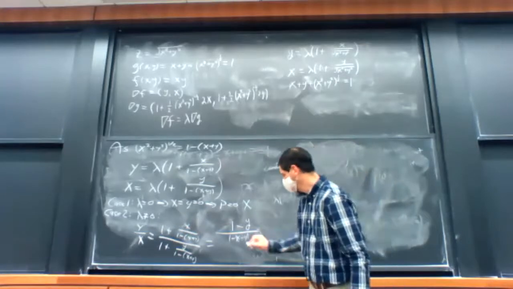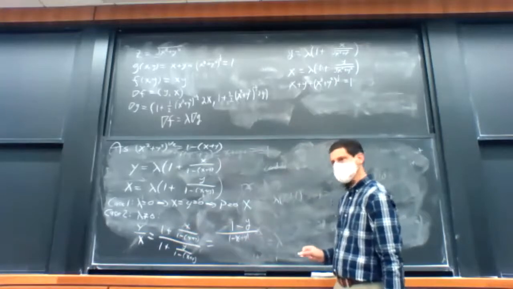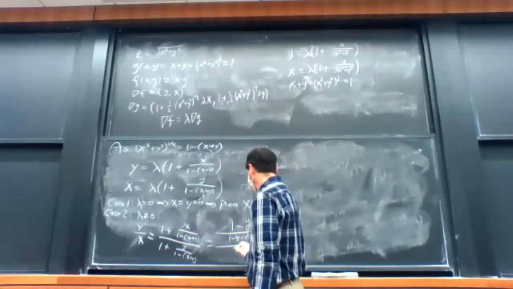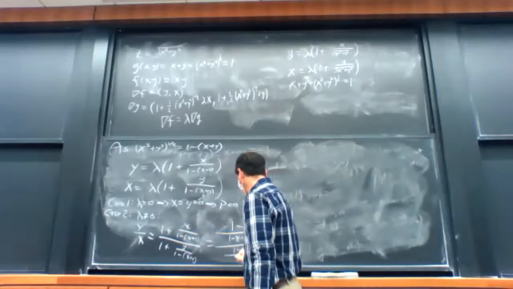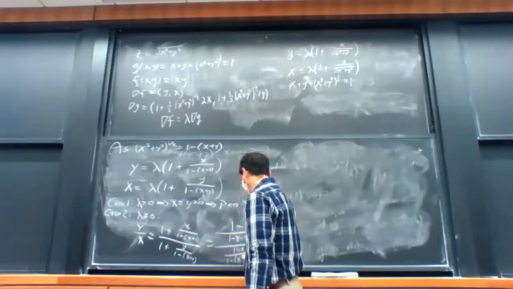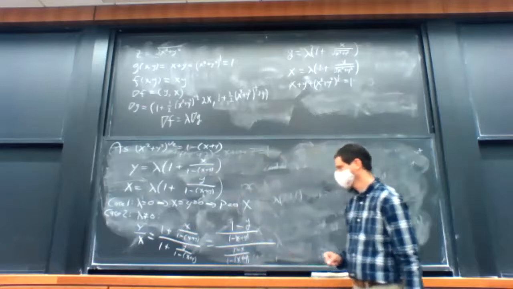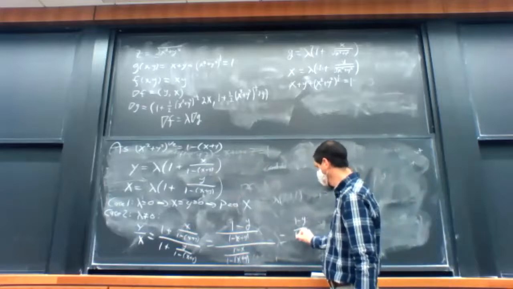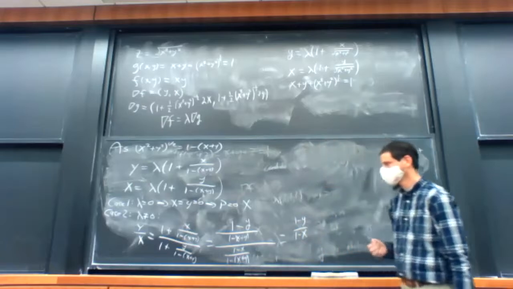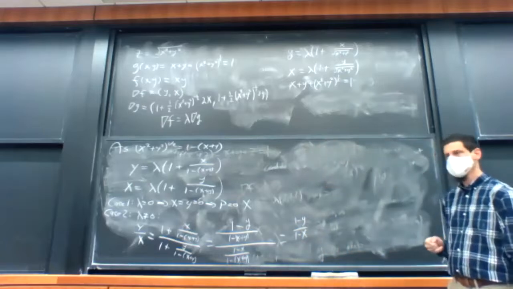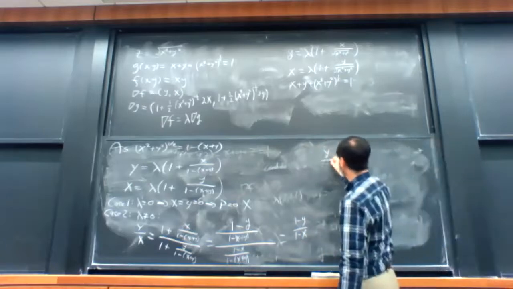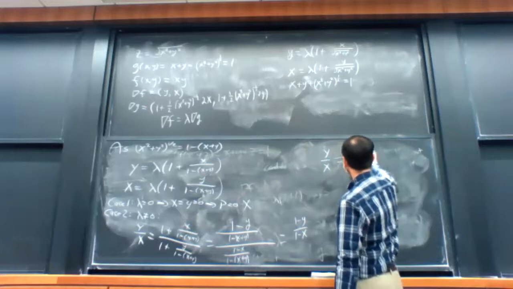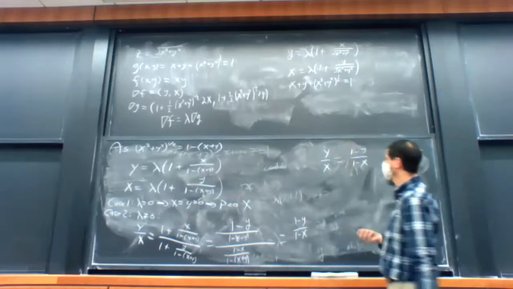And this should be a plus over here. And then when I do the other one, I'll get 1 minus x over 1 minus x plus y. Oh, that simplifies to 1 minus y over 1 minus x. So I get y over x is 1 minus y over 1 minus x.